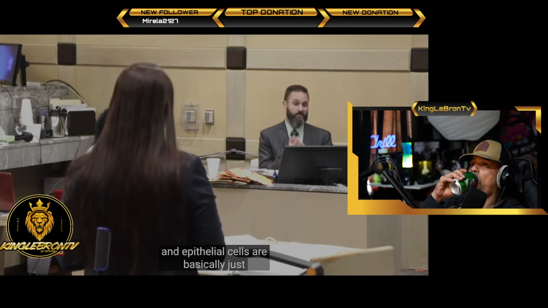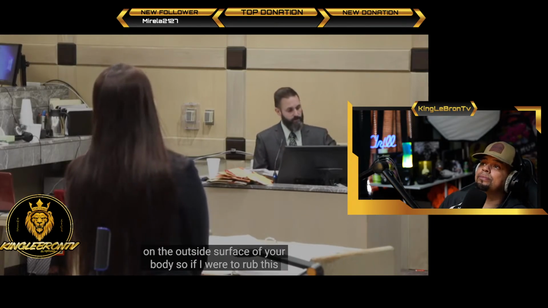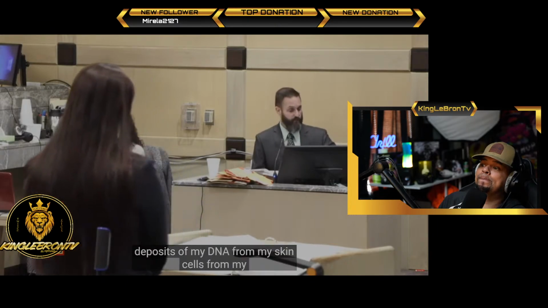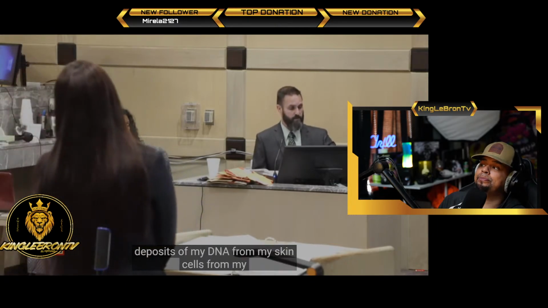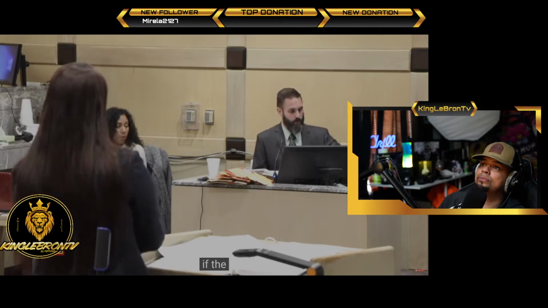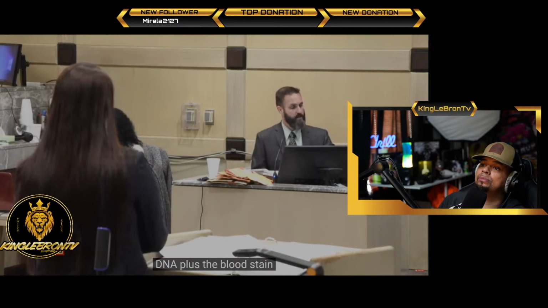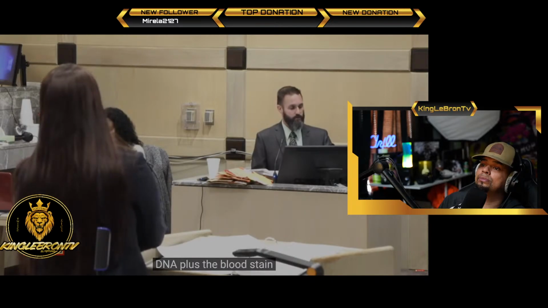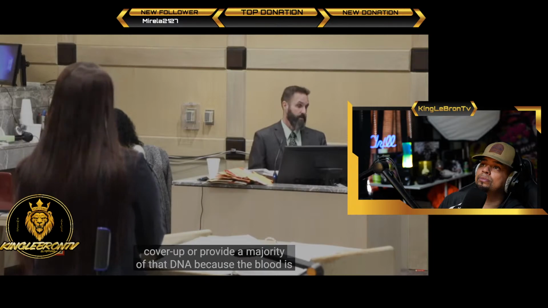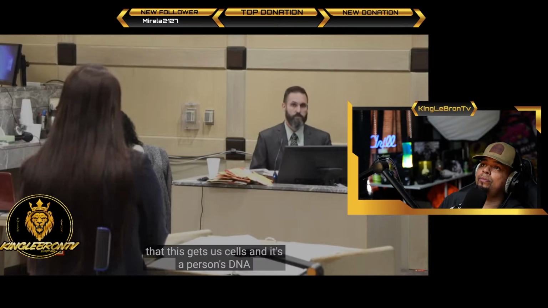Epithelial cells are basically the skin cells on the outside surfaces of your body. So if I were to rub this bench top here, depositing some of my DNA from the skin cells of my hand, and then a blood stain comes up next to it, and the investigator swabs this mixture of my DNA plus the blood stain, the blood is going to, for the most part, cover up or provide a majority of that DNA, because blood is a far richer source of DNA than the skin cells.